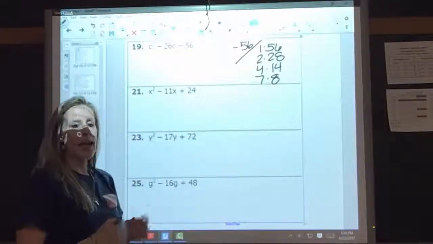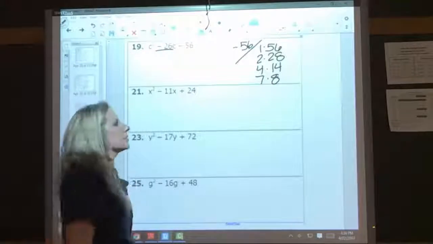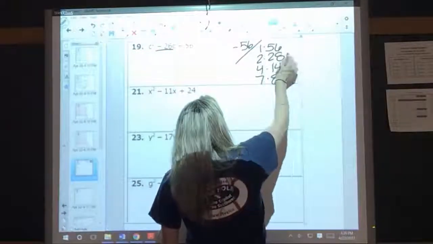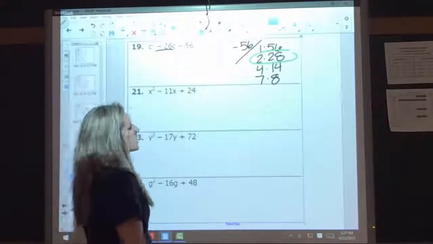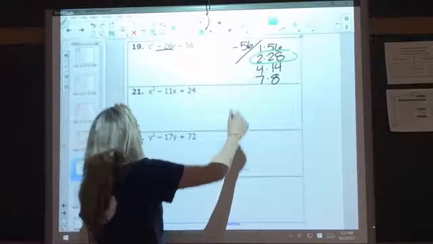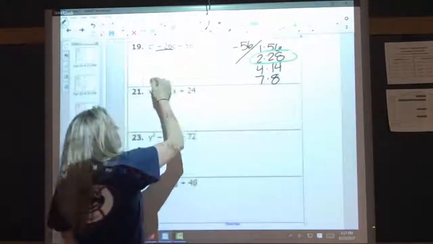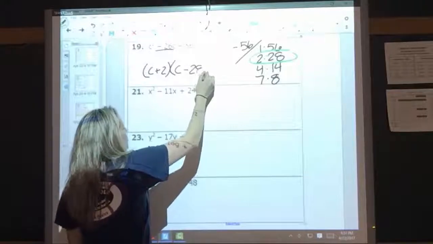Okay, so which 2 will add or subtract to give you a negative 26 in the middle? Okay, and it'd be 2 and 28. So the way to get a negative 26 is to make the bigger number negative. Okay, so we're going to have a c plus 2 and c minus 28.